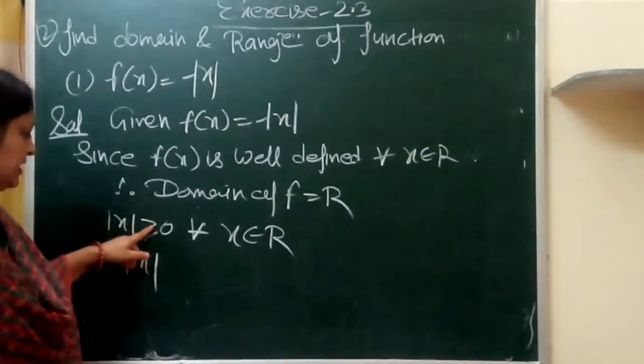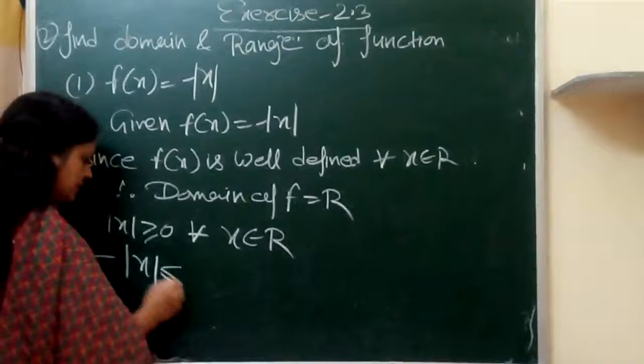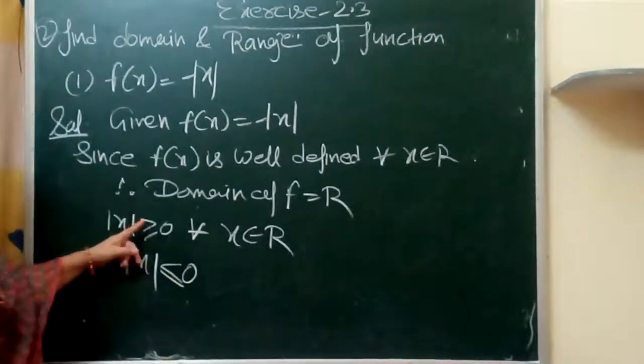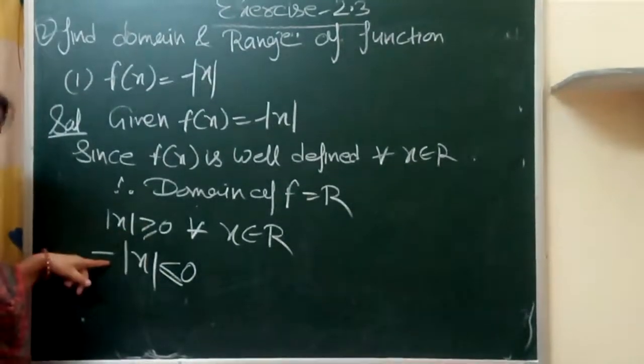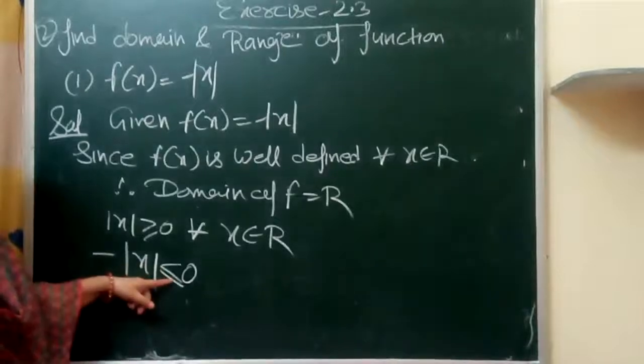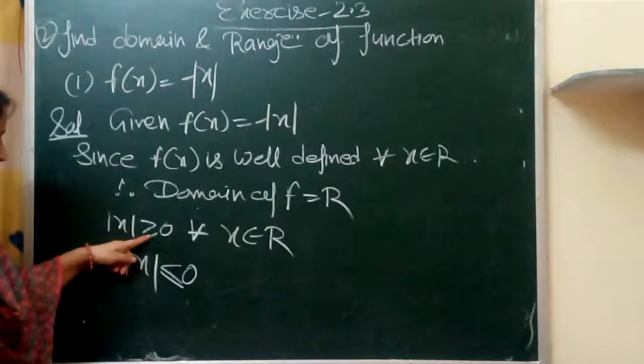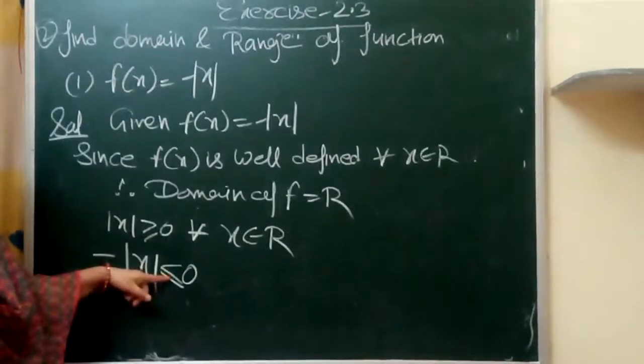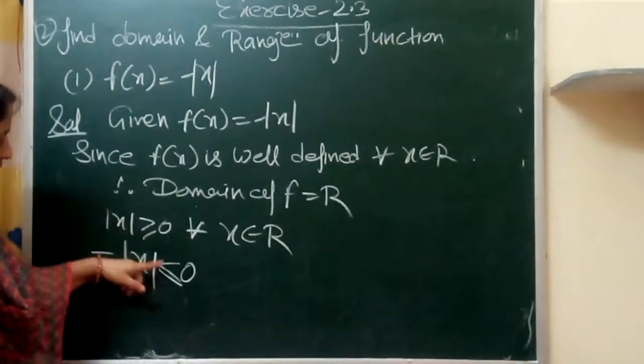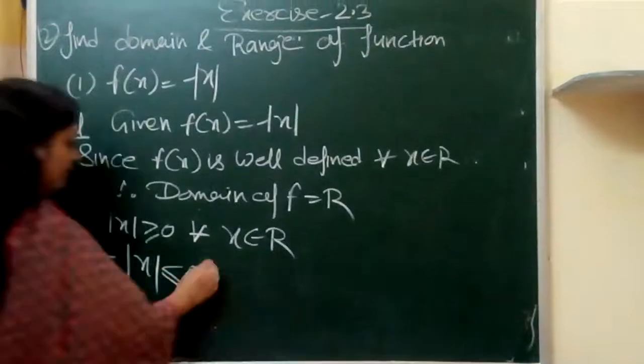Greater than equal to sign will change into less than equal to. When you multiply with a negative sign, the inequality sign changes. So it will come less than equal to 0 for every x belongs to R.